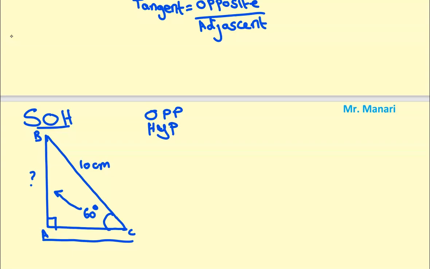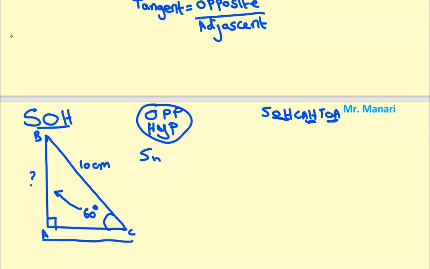So from the trigonometric ratios, Sohcahtoa, the only ratio that we use for opposite and hypotenuse is sine, because this is adjacent and hypotenuse, and this is opposite and adjacent, and we need opposite and hypotenuse. So for this case, we are going to use sine.